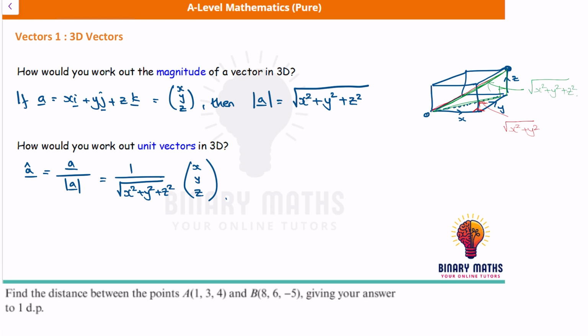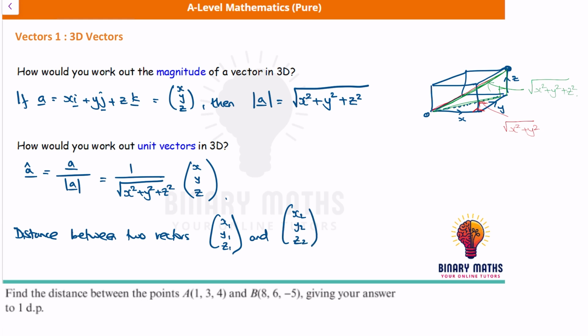As a consequence, the distance between two vectors x1, y1, z1 and x2, y2, z2 is equal to the square root of x1 minus x2 squared plus y2 minus y1 squared plus z2 minus z1 squared.